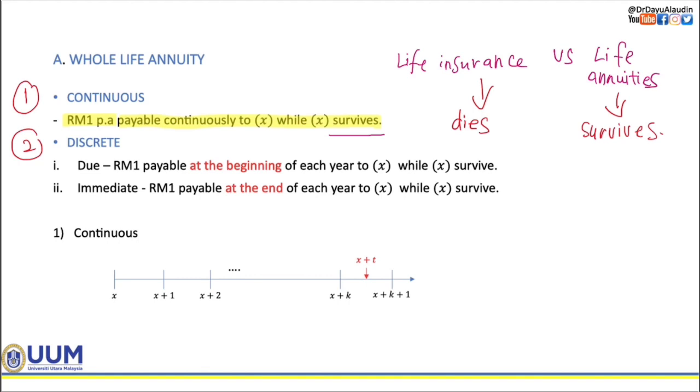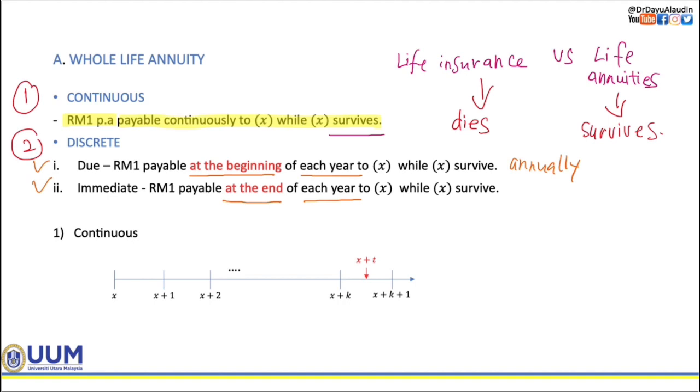For the discrete case, we have two types, annuity due and annuity immediate. For annuity due, the payment will be made at the beginning of each year for the annual case. However, for annuity immediate, the payment will be made at the end of each year when the individual survives.